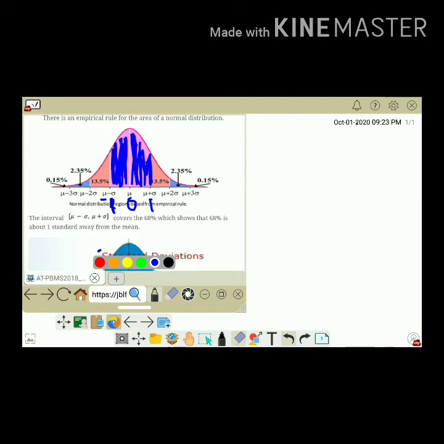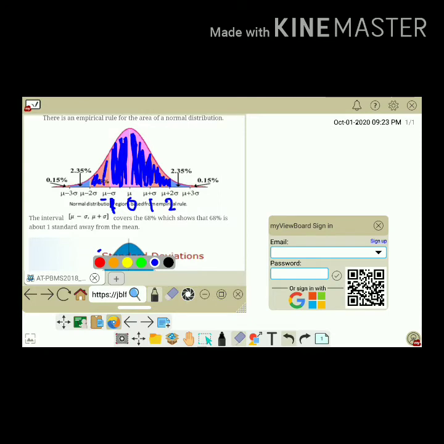Another is the area from the mean going to 2, and the area from -2 going to the mean, is still the same. Same goes with 3. So the area from the mean going to 3 is the same as the area from the mean going to -3.